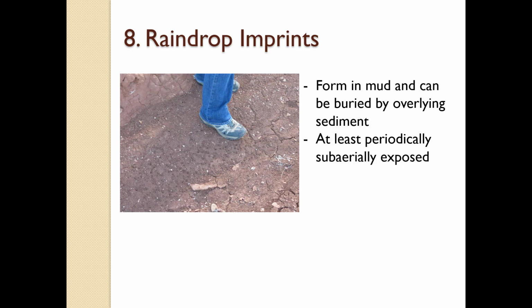So where do you find a region that is at least sometimes subaerially exposed? Well, this might be a floodplain, so the sides of a riverbank. Tidal flats. Tidal flats are really flat areas that are covered with water when the tide comes in, and subaerially exposed to the air when the tide goes out, and then the tide will come in again and bury it.